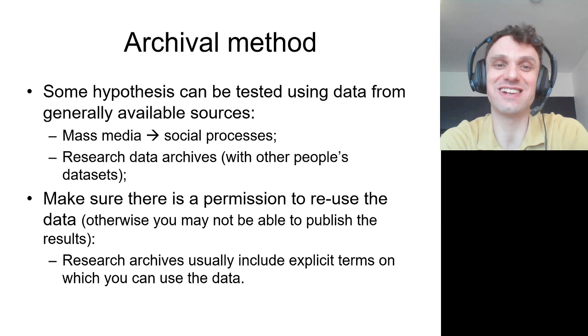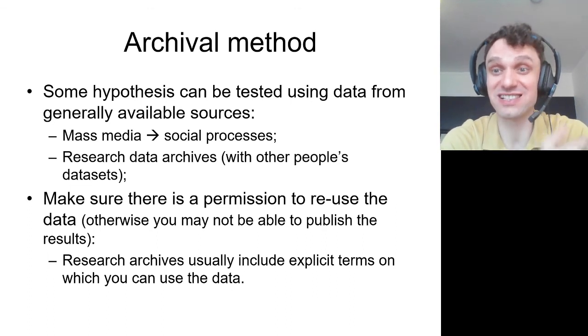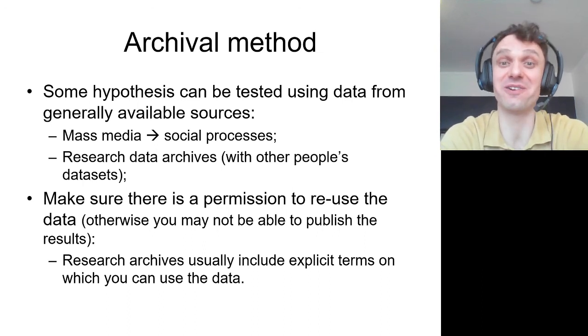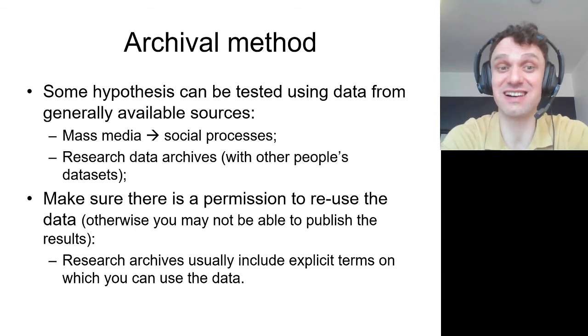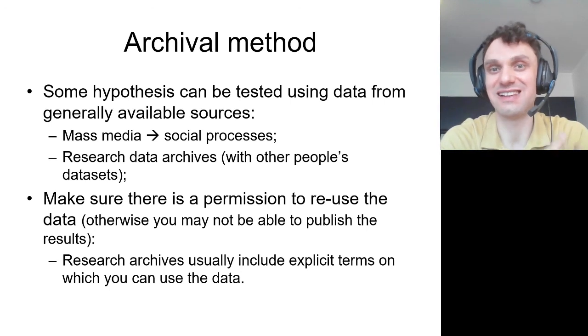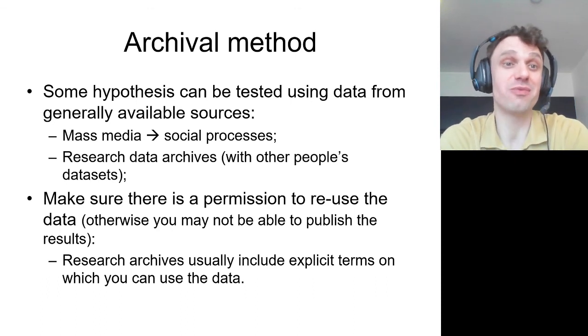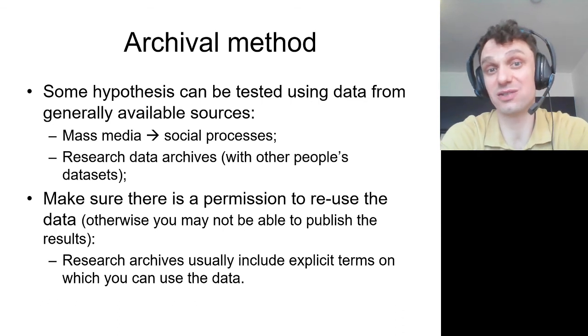Obviously, for a master's dissertation, no one's going to know that you used their data, but if you want to publish the results later on, it might not be possible unless you have permission from the author. And in large-scale surveys, in research data archives, usually there are some kind of terms of use that describe what you can or cannot do with this data. So if someone has already collected some data that allows you to test your own hypothesis, why not use it?